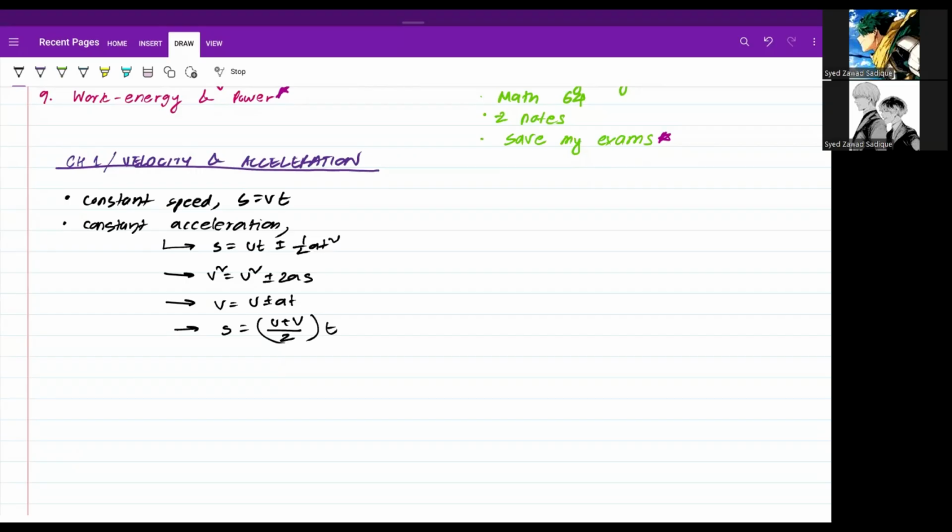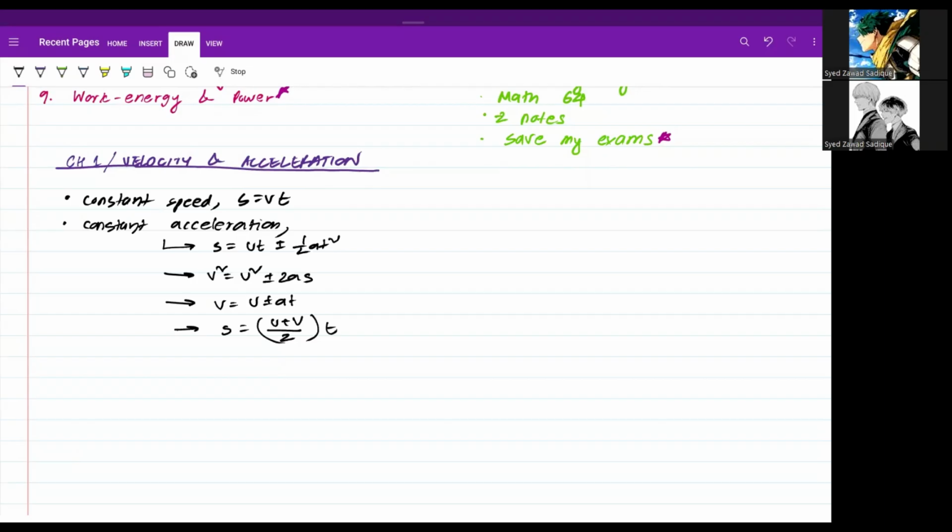Now, most of these are pretty straightforward. The first one is about distance, the total distance. The second one is about final and initial velocities. The third one is also about final and initial velocity related to time.